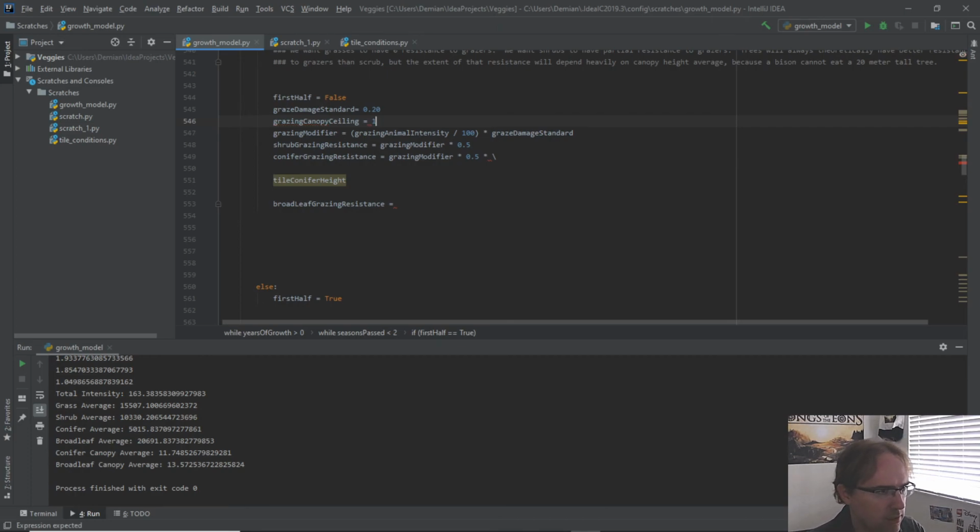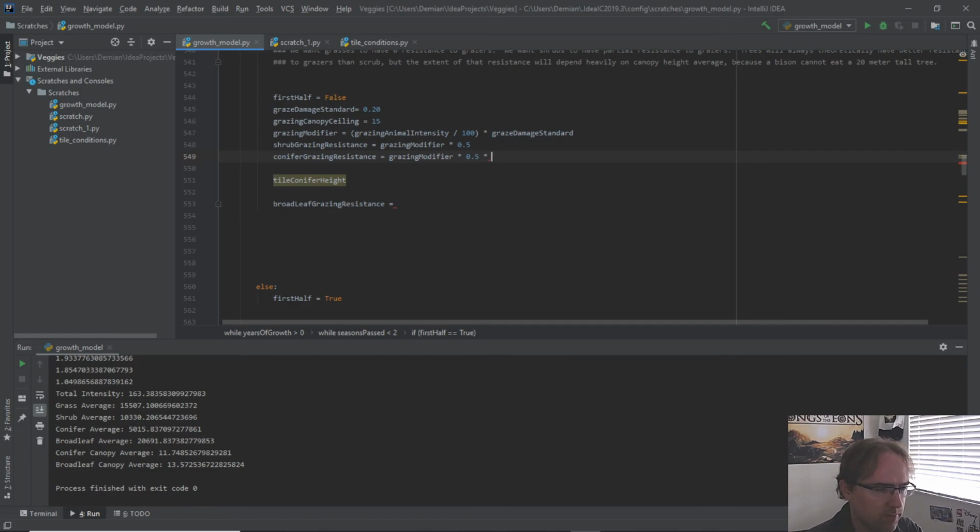So we'll say the ceiling is 15 for now, and then we can make it like the denominator of our factor.